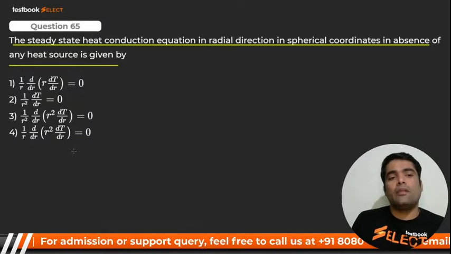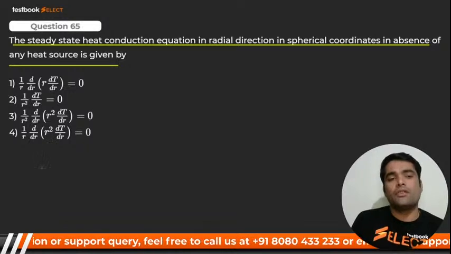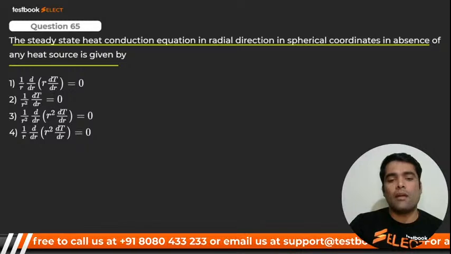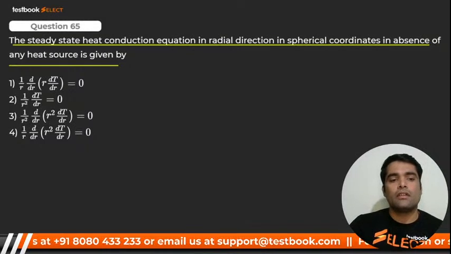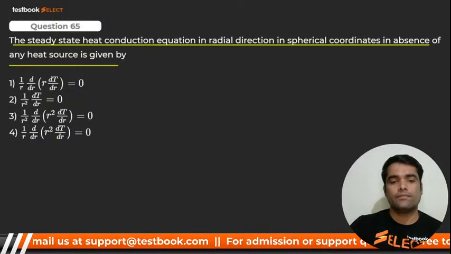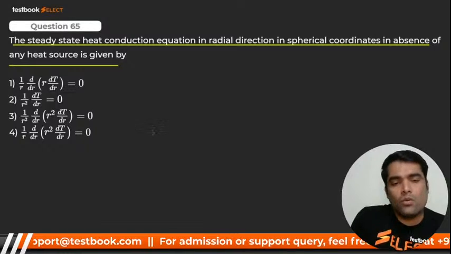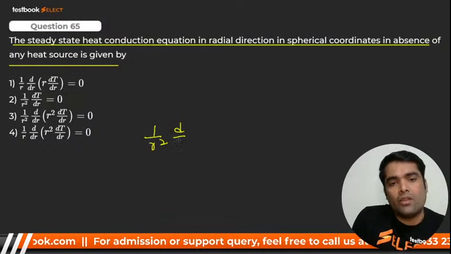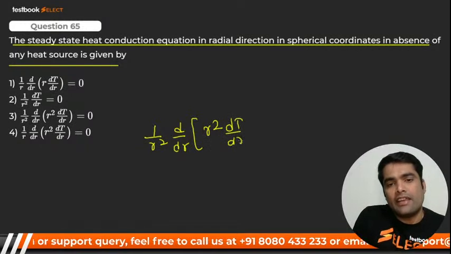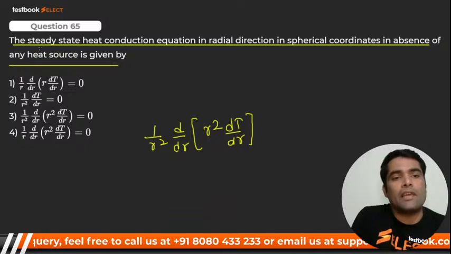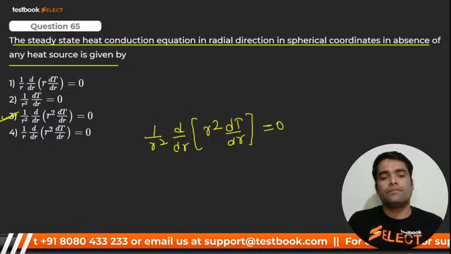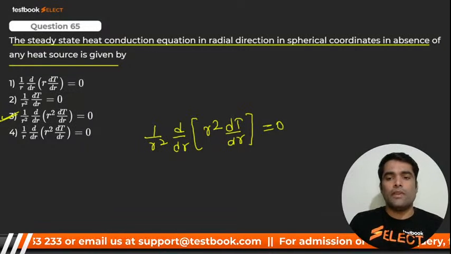It is none other than 1 upon r square into 1 by r square derivative with respect to r of r square into dT by dr. There are other terms as well, but here in steady state, everything becomes 0. That is none other than number 3. Very good.